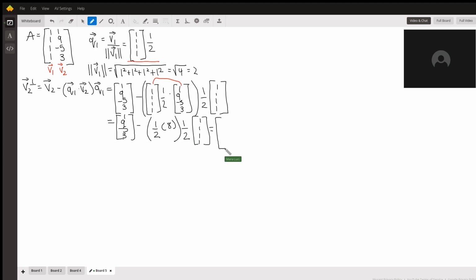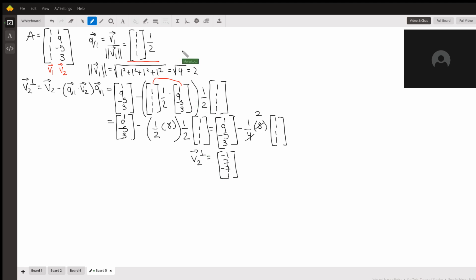So this is 1, 9, negative 5, 3, minus 1/4, since 1 half times 1 half is 1/4, times 8, times 1, 1, 1, 1. That works out to 1 minus 2, which is negative 1, then 7, negative 7, and 1. So this is V2 perp.